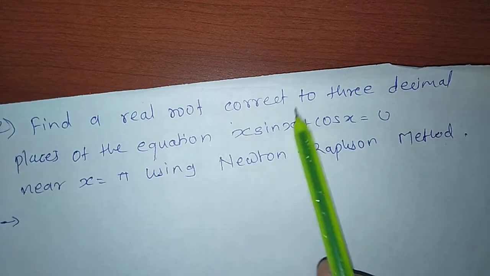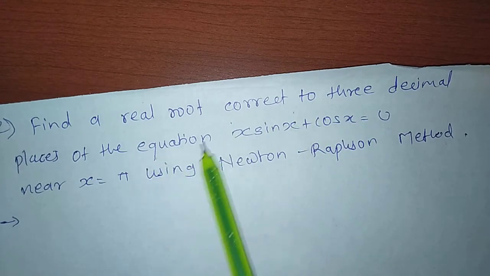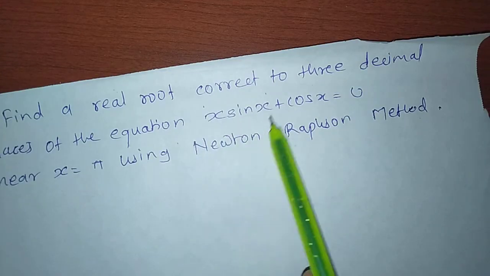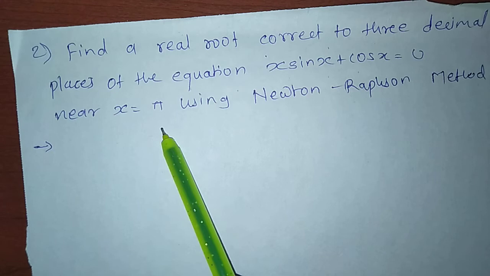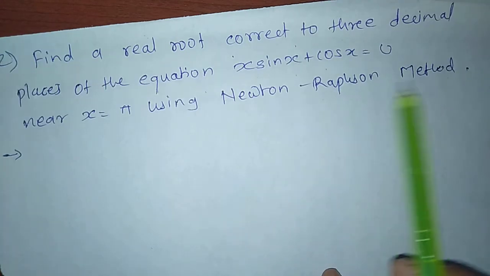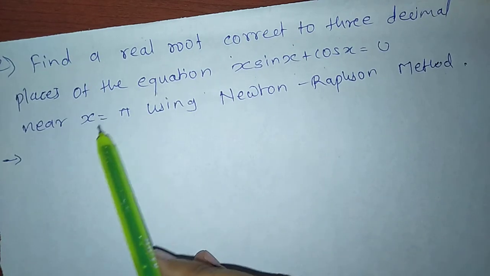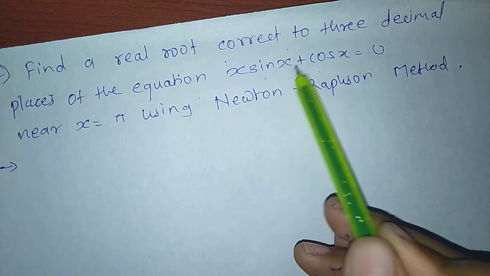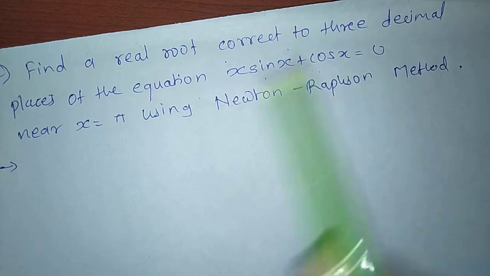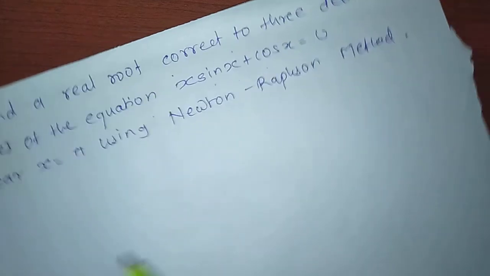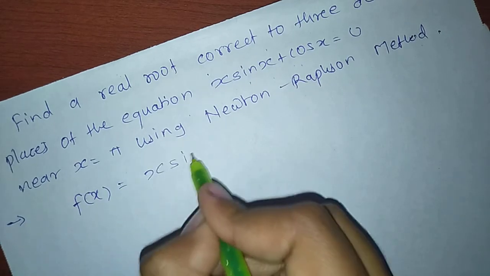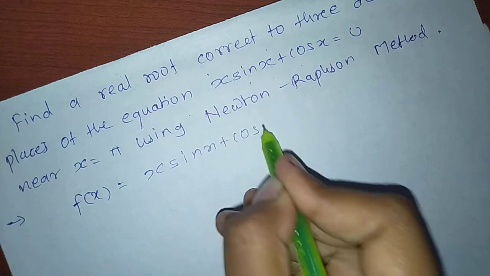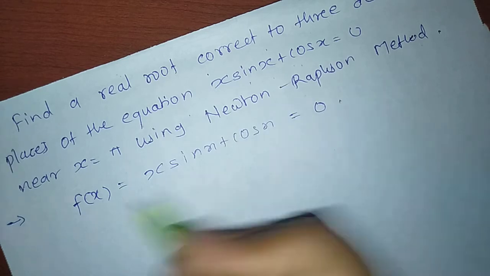Find a real root correct to 3 decimal places of the equation x into sin x plus cos x equal to 0 near x equal to pi using the Newton-Raphson method. Here f of x equal to x sin x plus cos x, and x naught equal to pi.